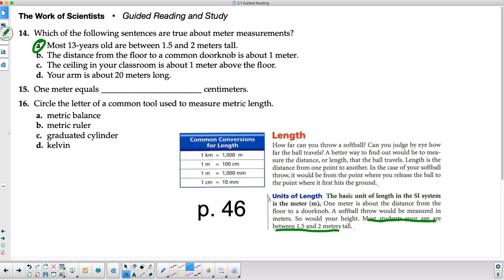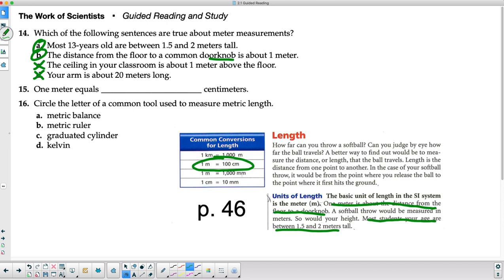The distance from your floor to the common doorknob is about 1 meter. Is about the distance from the floor to the doorknob. So that's another one. The ceiling to your classroom is about 1 meter above the floor. That is not true. And your arm is about 20 meters long. That's not true. 1 meter equals 100 centimeters.